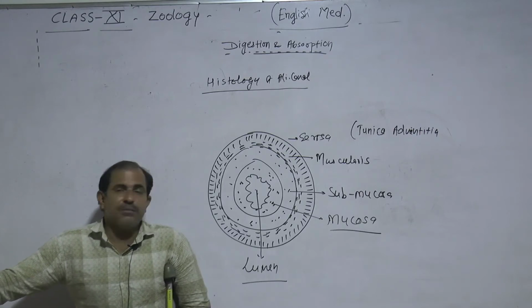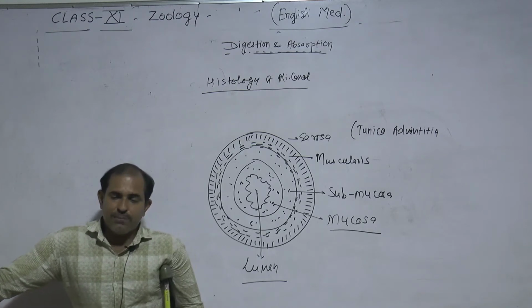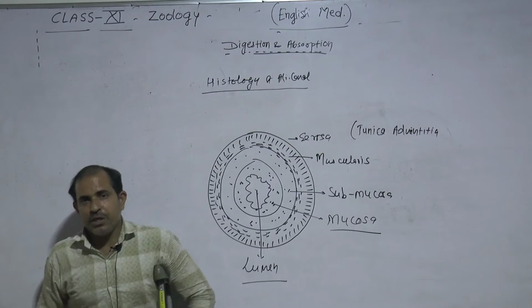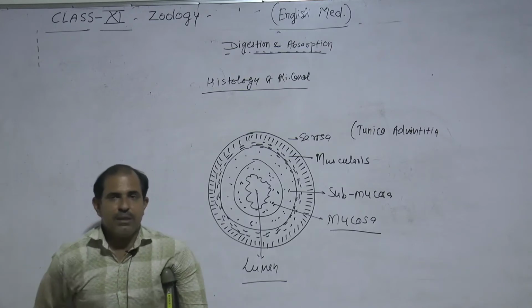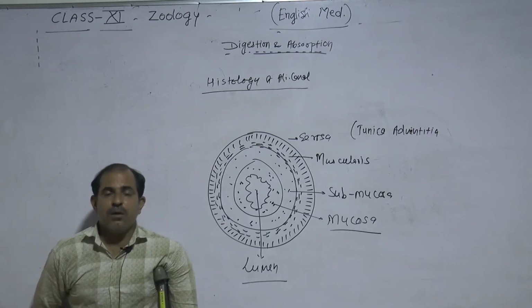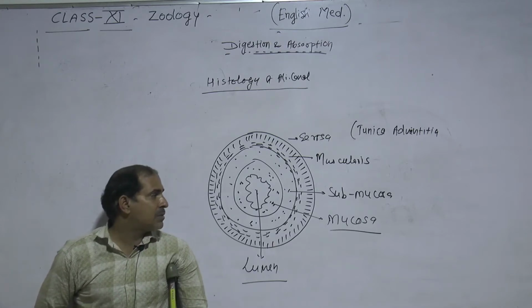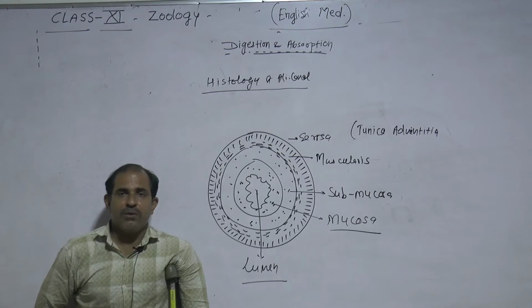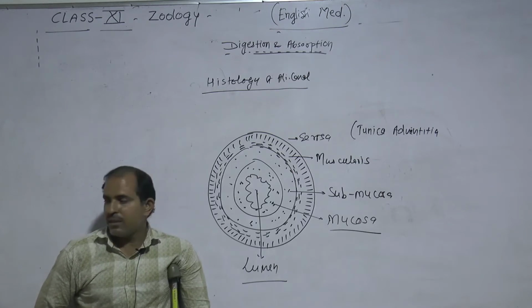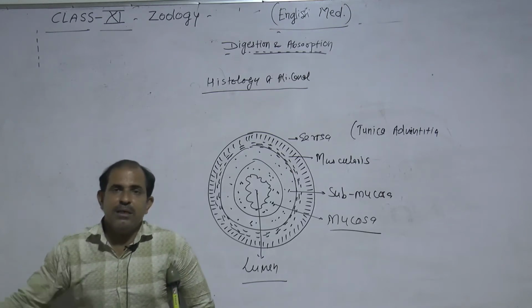The second layer is muscularis, with longitudinal and circular muscles, and oblique muscles also in the stomach wall. The third layer is submucosa, and the fourth is mucosa. This is the histology of the alimentary canal.